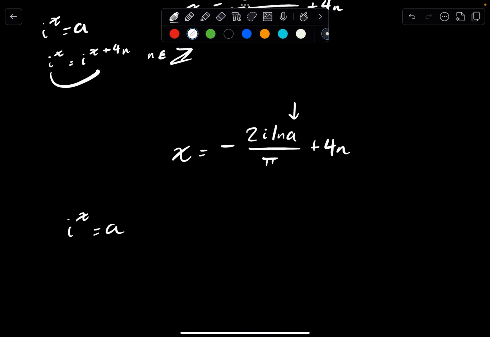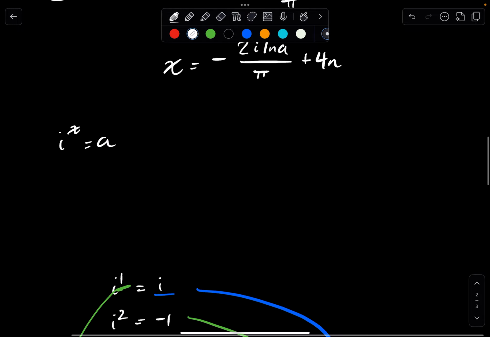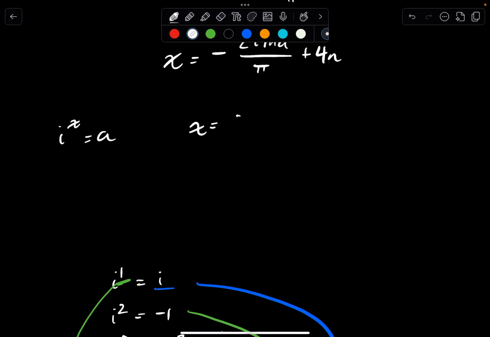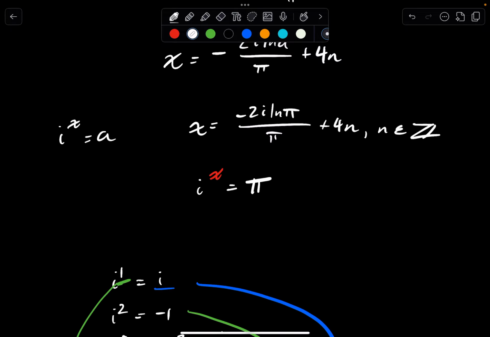So if we substitute pi, we get x equals -2I ln pi over pi plus 4n, where n is an integer. And that means if we take I to the x, where x is this, that'll actually give us pi. And if you plug it into Wolfram Alpha, this is correct, which is really astounding, really.